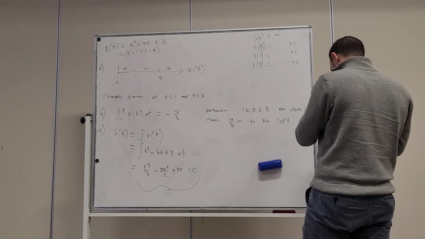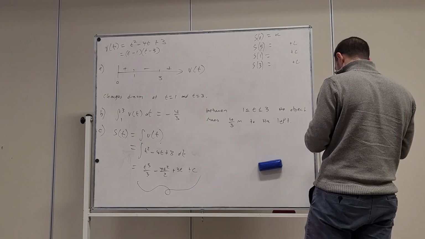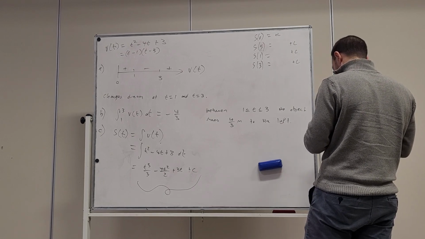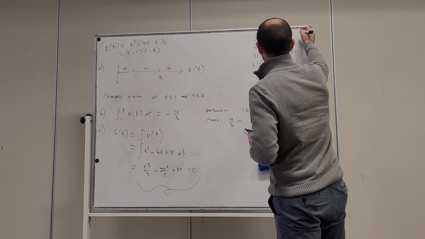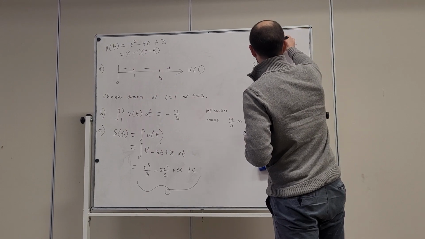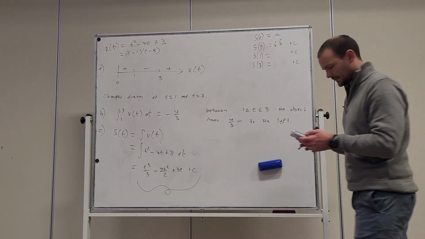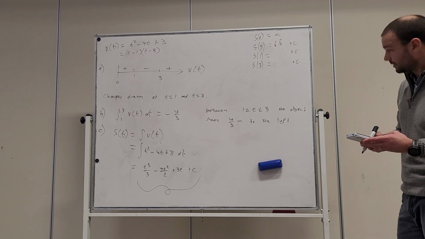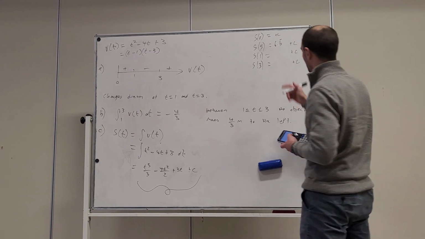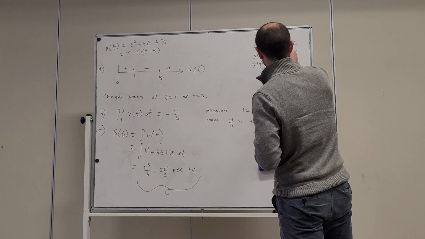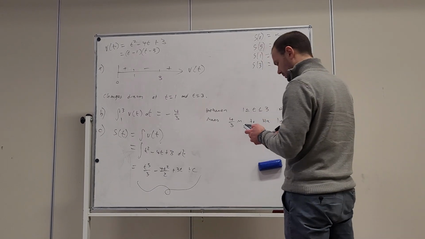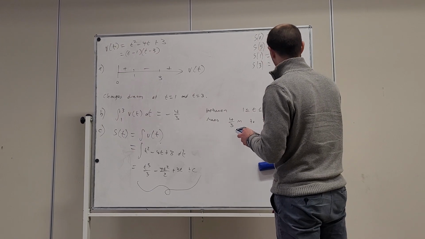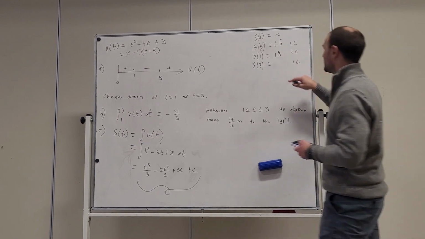Or I can't read it, 6.6 I think. 6.6 recurring, so it's that 20 on 3, doesn't matter what you write it as. 6.6 plus c, and then when time is 1, 1.3, so that's 4 on 3, and when time is 3, 0, so c. Very good.